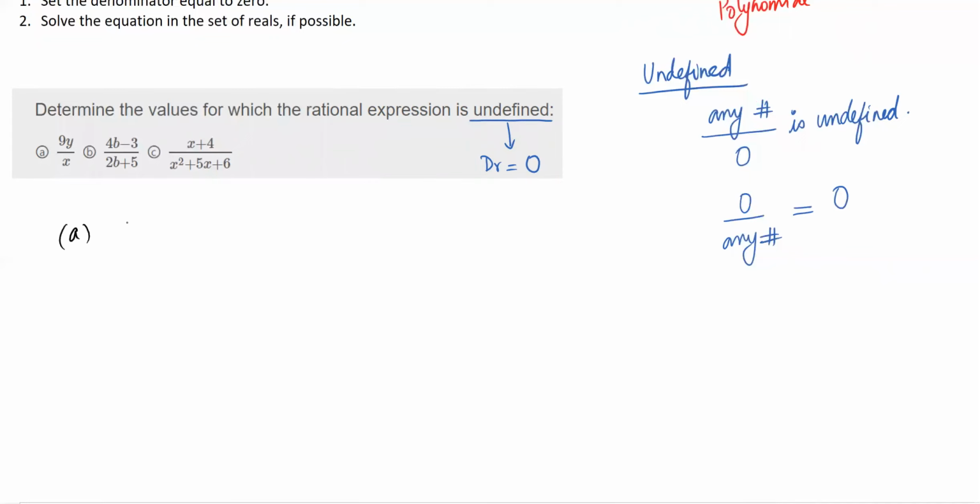Let's take part A, 9y over x. The denominator here is x. We're only focusing on the denominator because only that will make the expression go undefined.